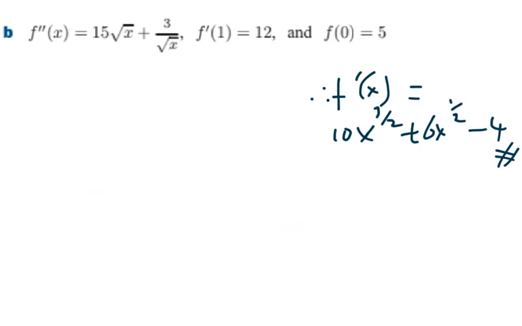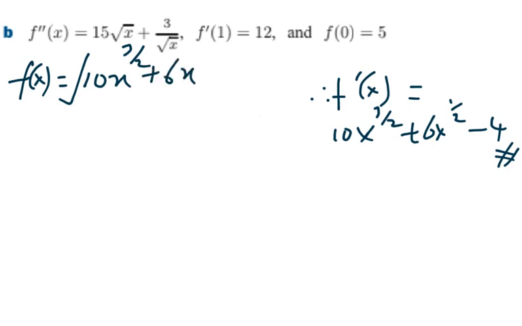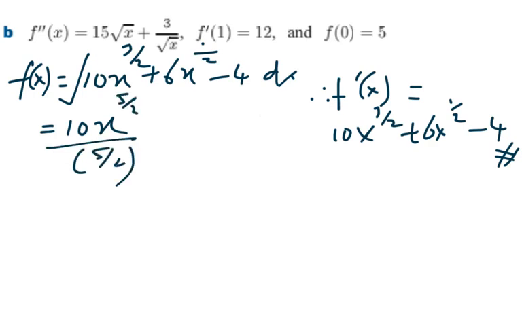To continue with this question, we have to integrate f prime x to get the function of f. So integration of 10x to the power of 3 over 2 plus 6x to the power of 1 over 2 minus 4 dx. 10x to the power of 5 over 2 divided by 5 over 2 plus 6x to the power of 3 over 2 divided by 3 over 2 minus 4x.